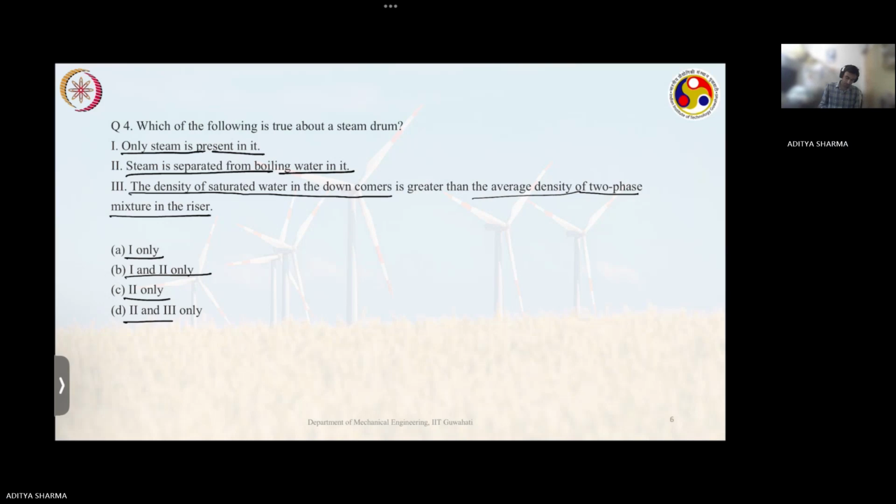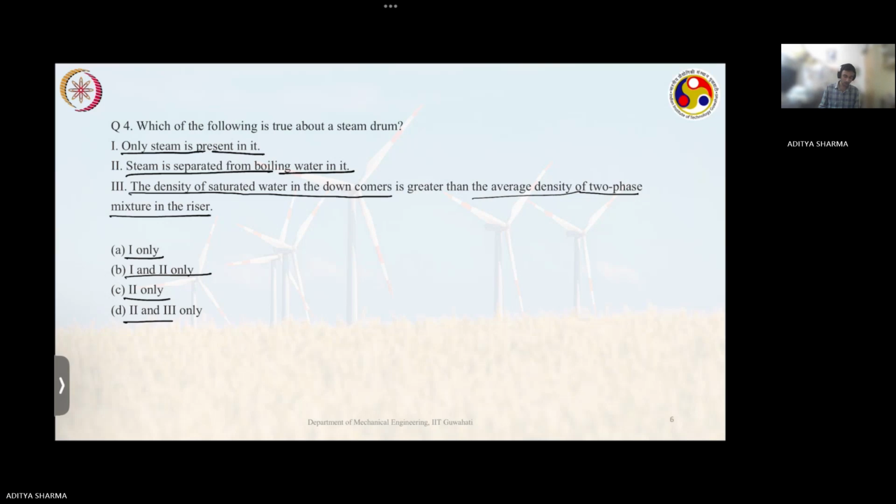So if you see your first statement, only steam is present in a steam drum, that is not correct, because that contradicts your second statement that steam is separated from boiling water in it. Then the third statement is correct, that is about density.